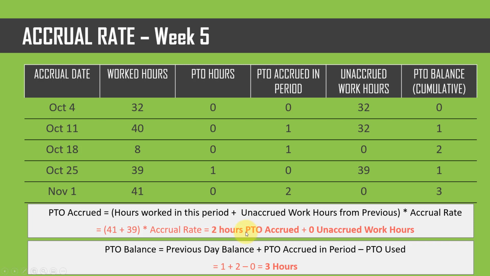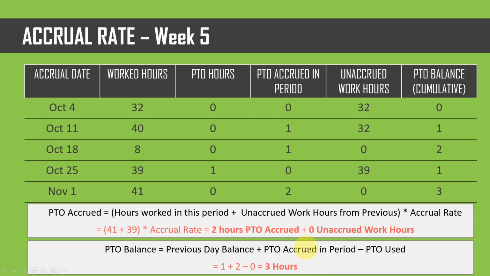So this is to illustrate that it doesn't have to be only 1 hour per every week period. In this case, the employee has 80 and now will earn 2 hours of PTO in this period, but the unaccrued will become 0 because there's nothing more than 80 hours. So finally, the PTO balance is nothing but 1 previously, 2 new, nothing used. So it ends up with 1 plus 2 minus 0 is 3 hours.